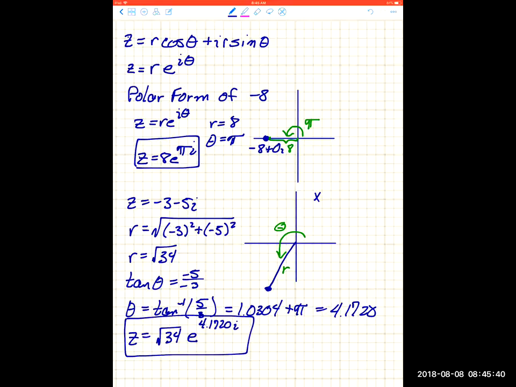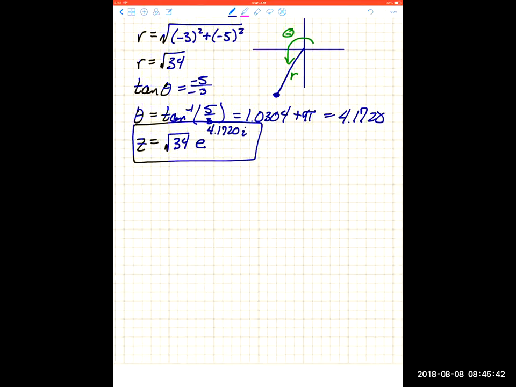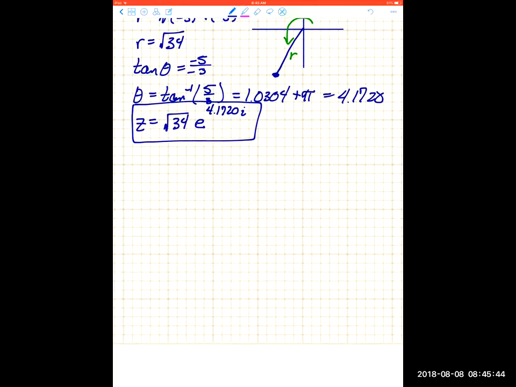Well, let's do one more thing and then I'll tell you why. So let's go the other way. Let's think about the complex number e to the pi over 6i and write this in a plus bi form.